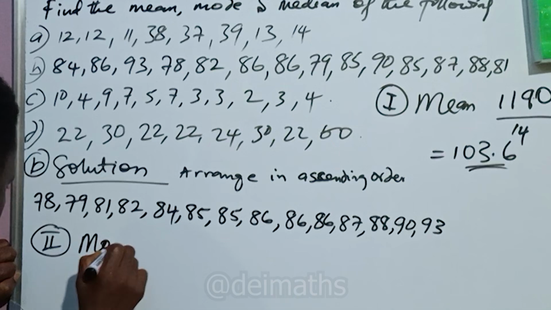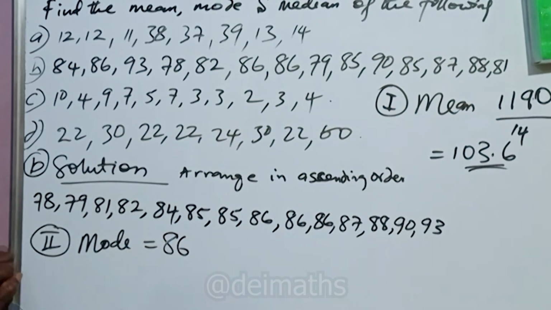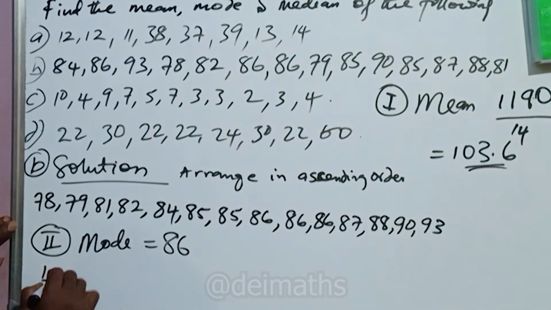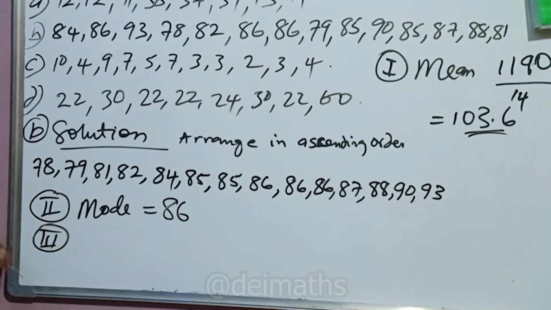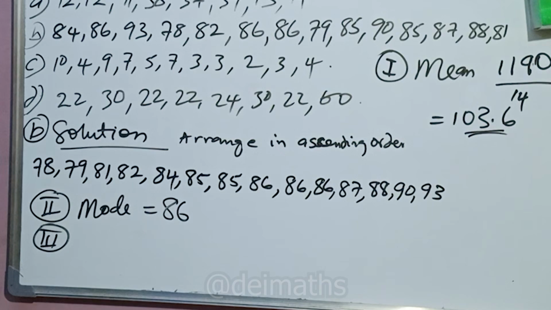Mode equal to 86 because it appeared most. Okay, now number 3 is the median. The median is the middle number. Since the quantity is 14, what do we have?